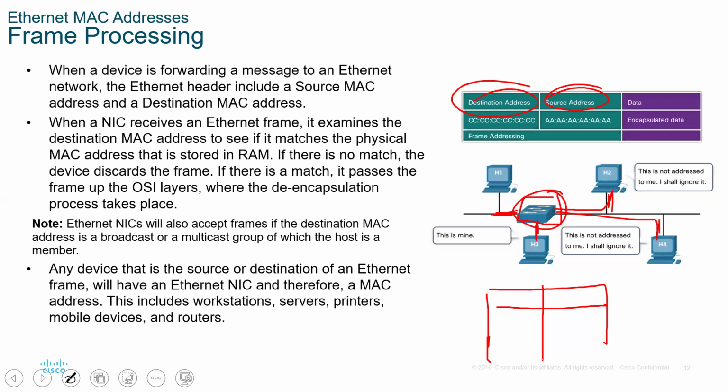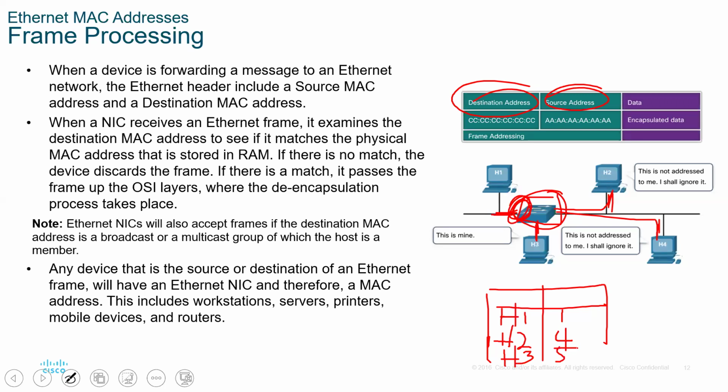So maybe the MAC address of host 1 will be included here. And then which port is host 1 connected to? Let's say port 1. All right. Then the MAC address of host 2 will be there, and you will see that host 2 is connected to maybe port 4. Then the MAC address of host 3 will be there, and then maybe host 3 is connected to port 5.